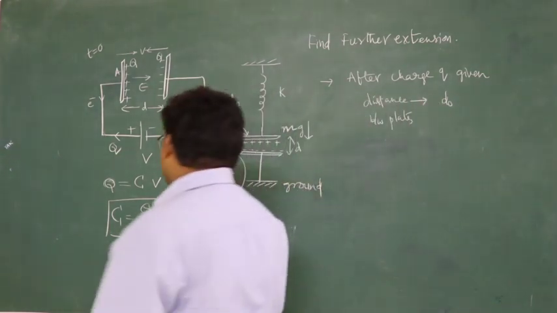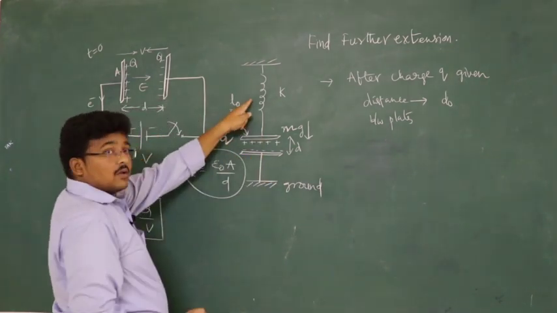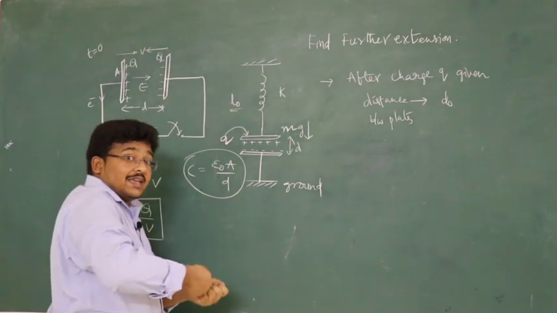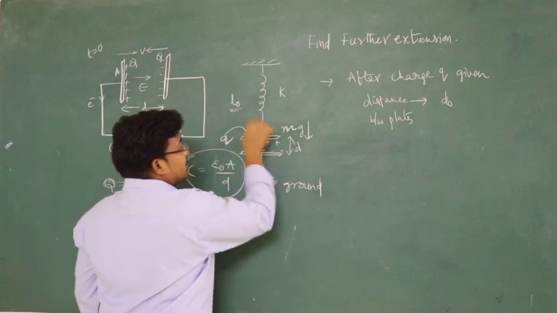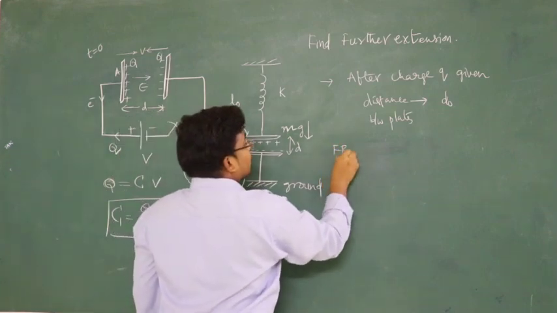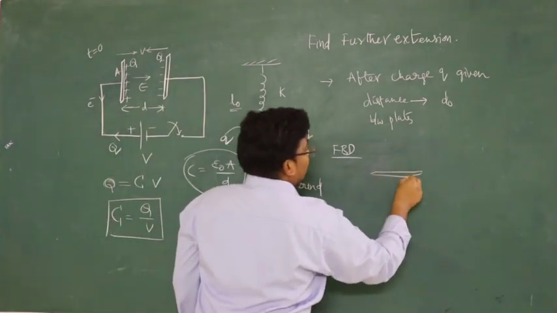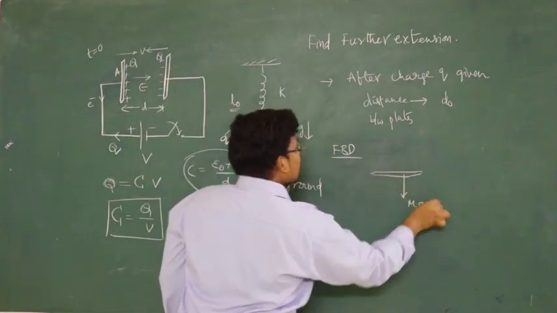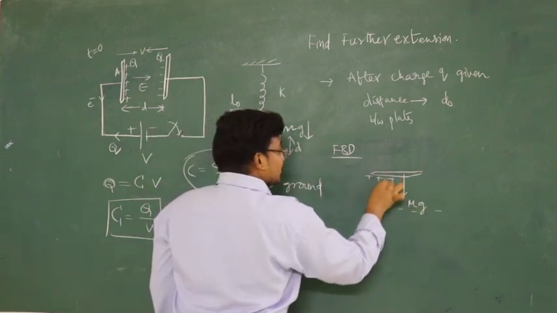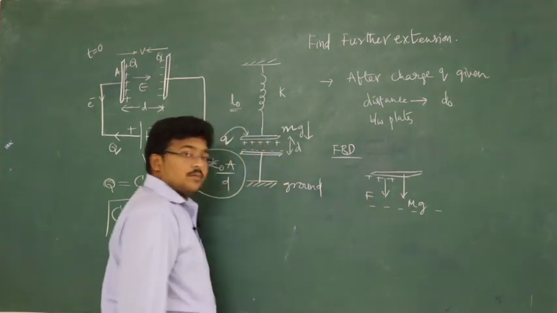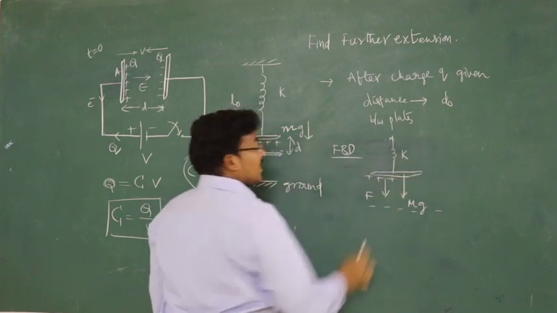Now how to do it? When the plate comes down, the spring extends, so it has some restoring force. Now what is the free body diagram on this plate? Already weight mg will be there. Due to the negative charge on the positive, some electric force will be there, and the spring will give some force which is k into x.